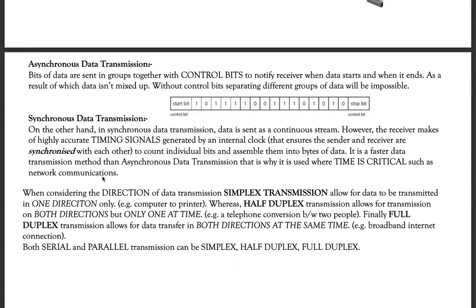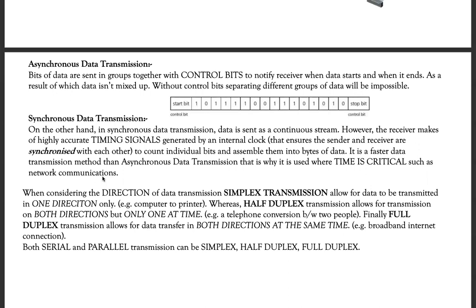Well, the reason is that each separate data transmission makes use of what is known as a control bit. These control bits tell the receiver, in this case my computer, when a particular data transmission starts and where it ends.